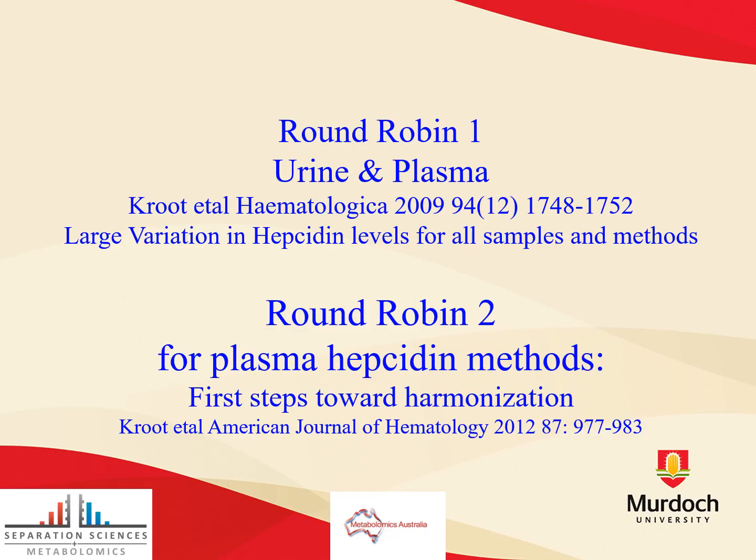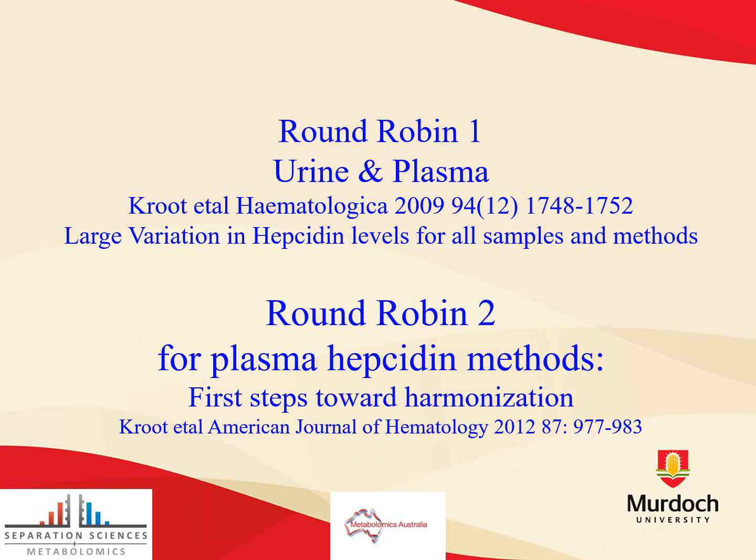Now, in 2009, a round robin was undertaken, and it utilised both urine and plasma, and the Swinkels group in the Netherlands led the round robin, and we saw that there were large variations in hepcidin levels for all samples and all methods.